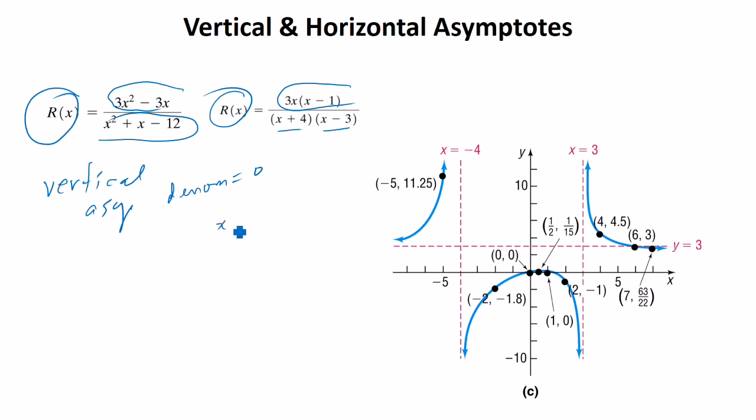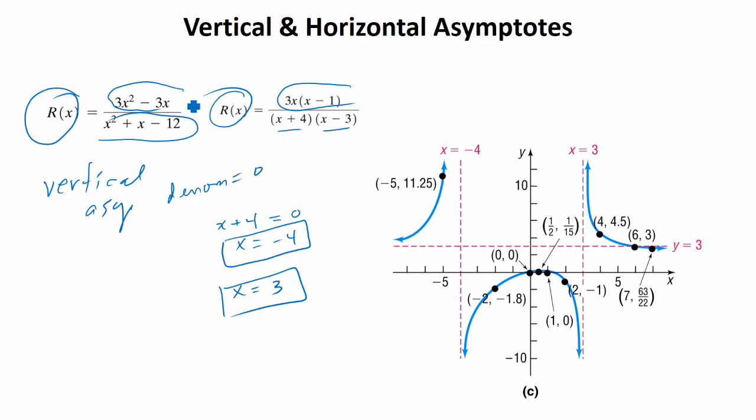We just set x plus 4 equals 0 and get x equals minus 4. x equals minus 4 is the equation of the vertical asymptote. Don't just write down minus 4; write down x equals minus 4. The other one is x equals 3, which is also a vertical asymptote.